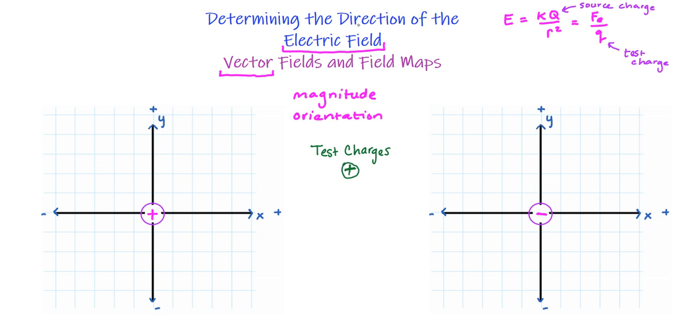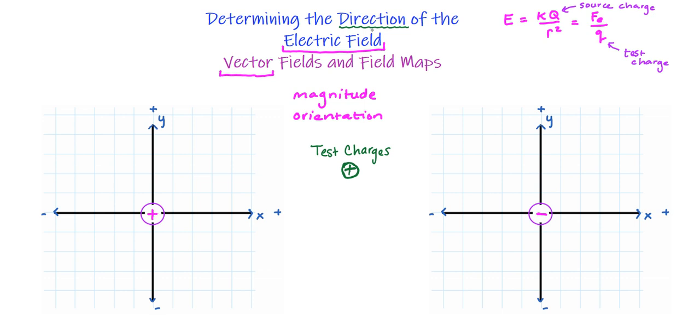And what the field looks like, or the direction of the field at every location in this space, is really telling us what direction a positive test charge would move if it were placed at that location. So I'm going to say that one more time because that's the crux of this whole thing: the direction of the electric field, or what the field looks like, is a set of arrows that tells me what direction a positive test charge would move if it were placed at any location within the space around the source charge.